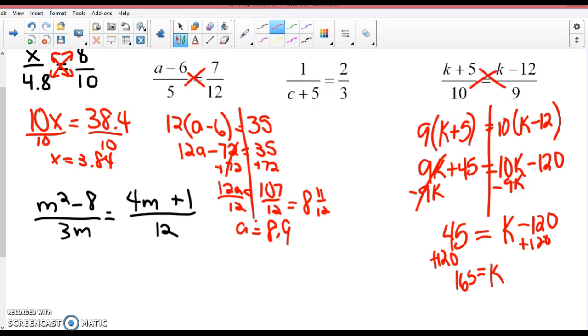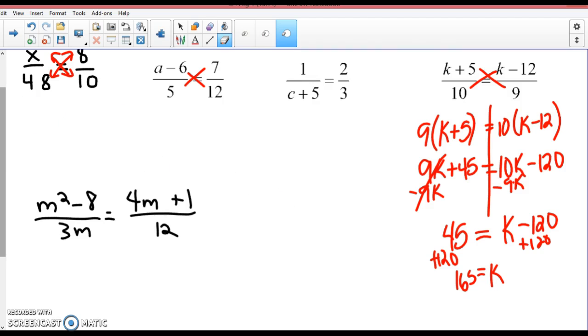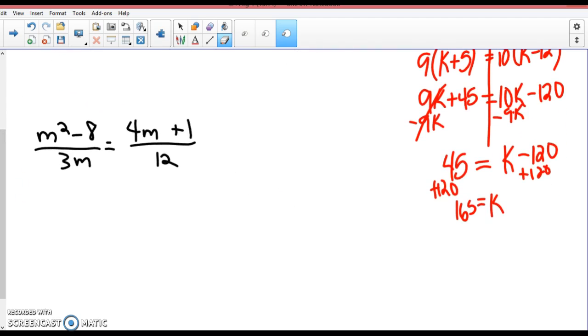Now, copy down. I'm going to erase this so you can see it better. Copy down this problem: (m squared minus 8) over 3m equals (4m plus 1) over 12. What is this thing called? A proportion.